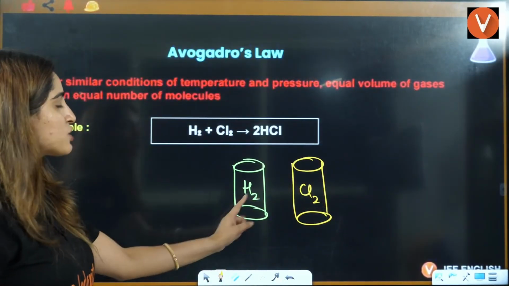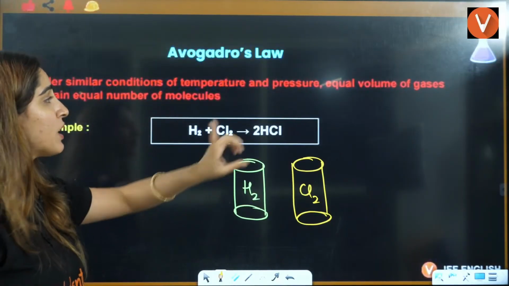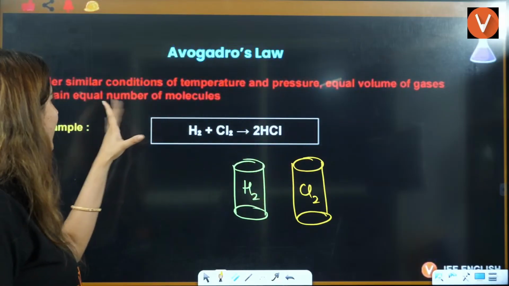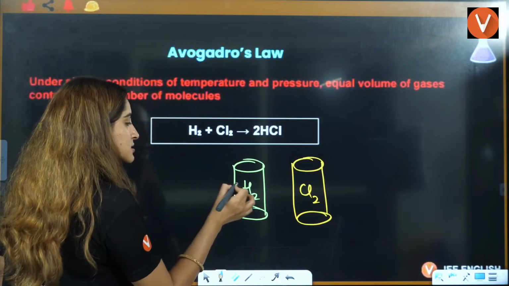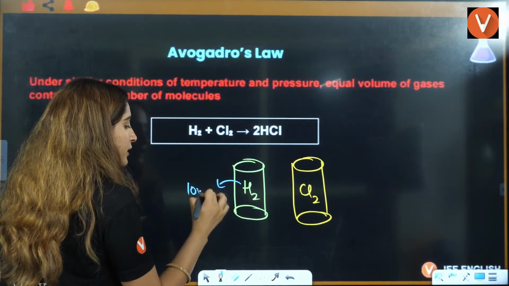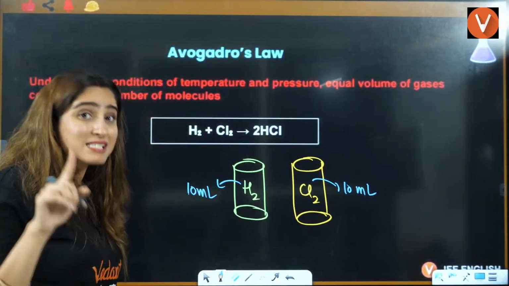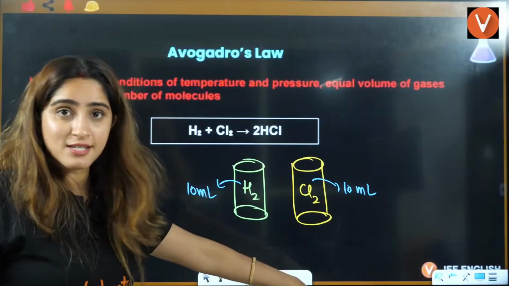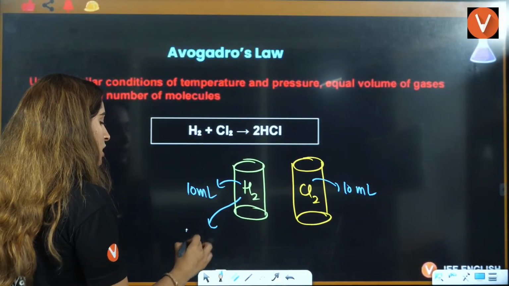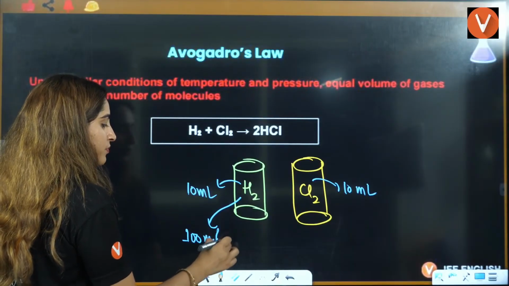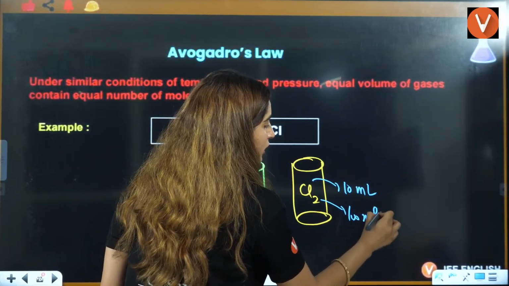So H2 and Cl2 you have here, both are gases. Equal volume of gases contain equal number of molecules. If I say this is 10 milliliter and this is 10 milliliter, and this contains 100 molecules, then this will also contain 100 molecules.